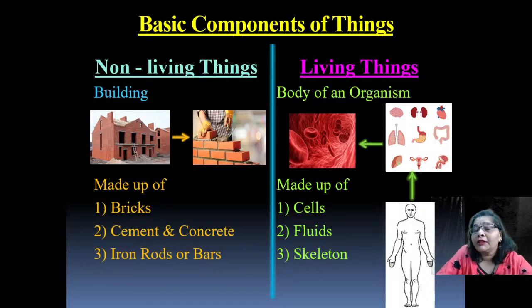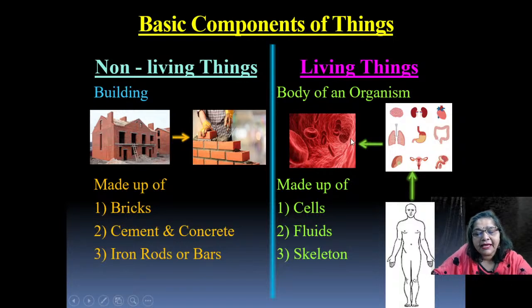The building of a living organism, of a living thing, we call a body, right? So the body of an organism is made up of cells, fluids, and skeleton. Okay, so all these structures together make an organism, right?